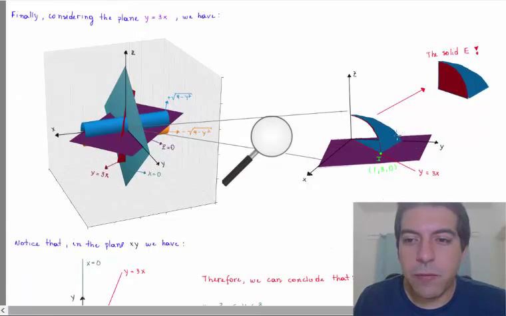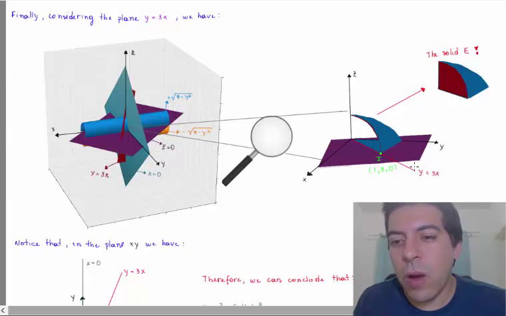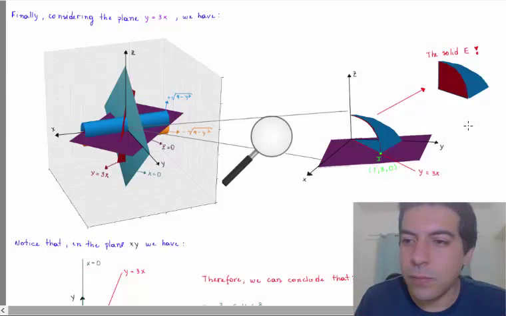Since the maximum value that y assumes is 3, the intersection between the solid E and the straight line y equals 3x must be the point I of coordinates 1, 3, and 0. If I put this value 3 in the variable y, I conclude that x must be equal to 1.